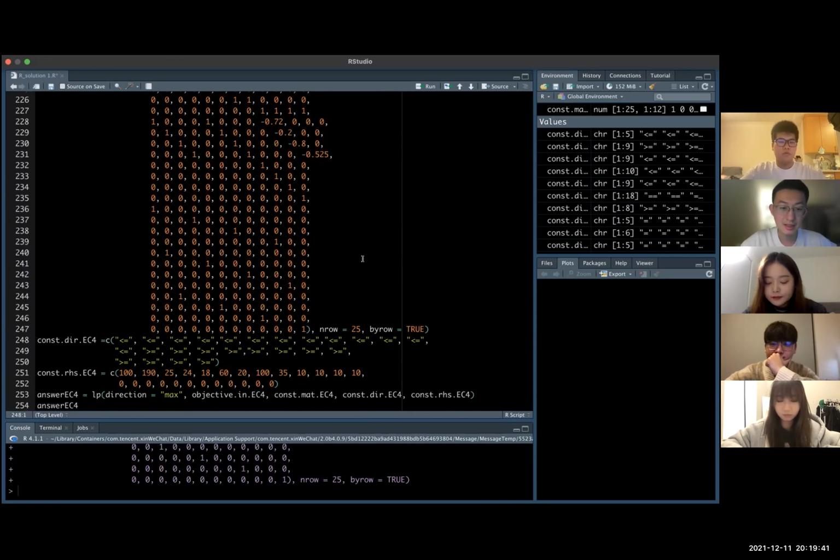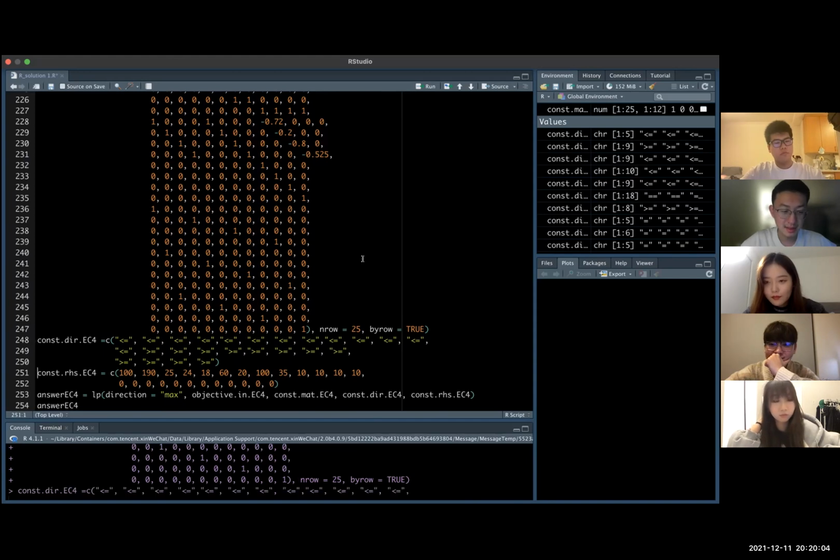And then the sum of the advertising cost is in total 18 million. And then we also define each of the advertising costs to be below 10. And also we want to set all the changing variables to be greater or equal to 0.